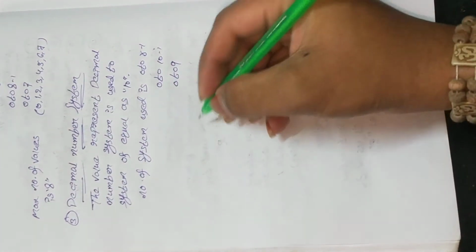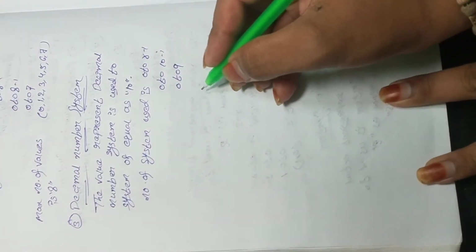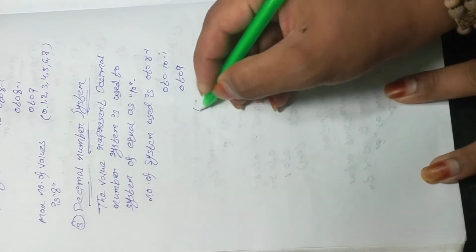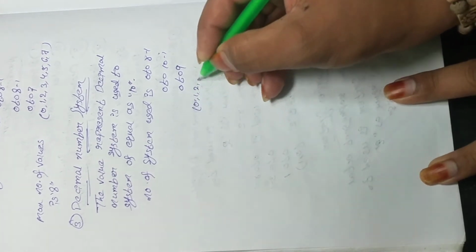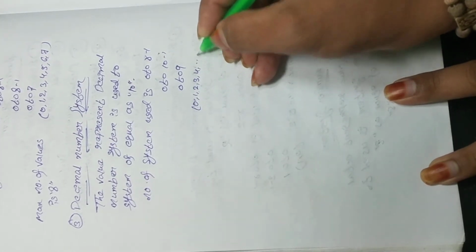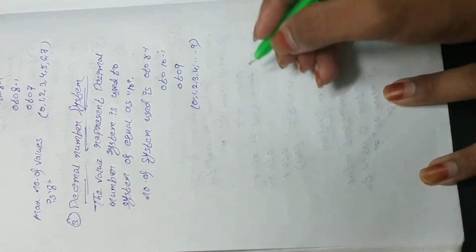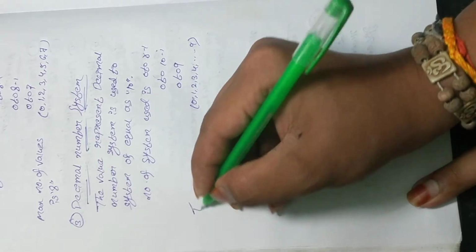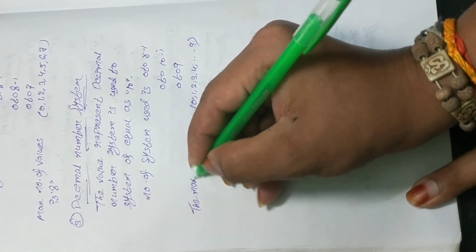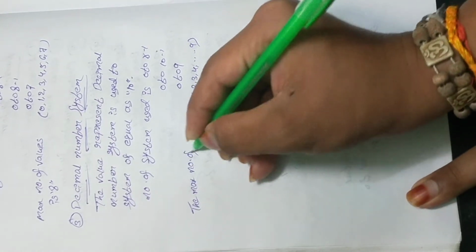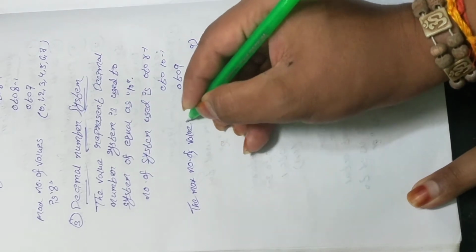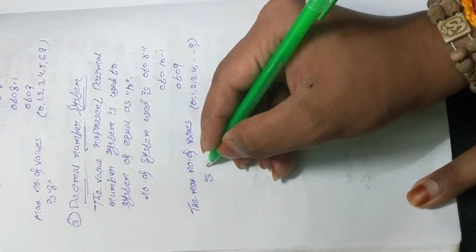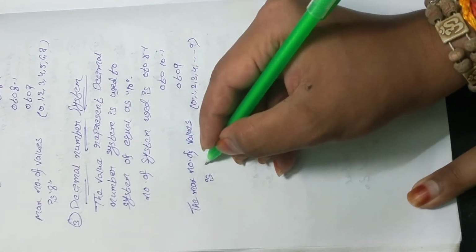Finally we get 0, 1, 2, 3, 4 and so on up to 9. The maximum number of values is 10.